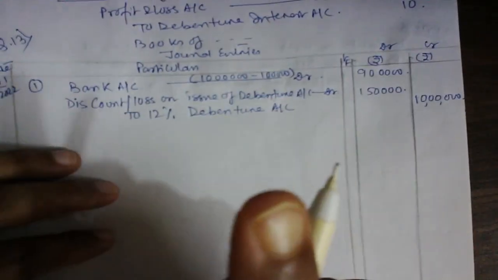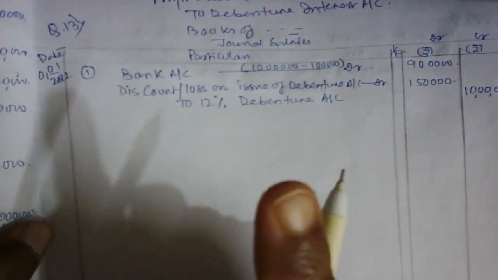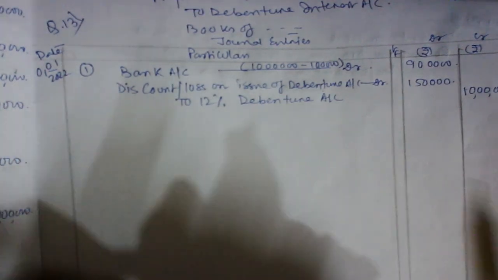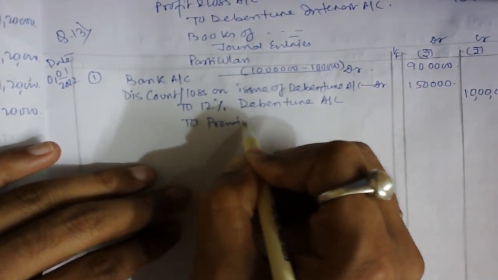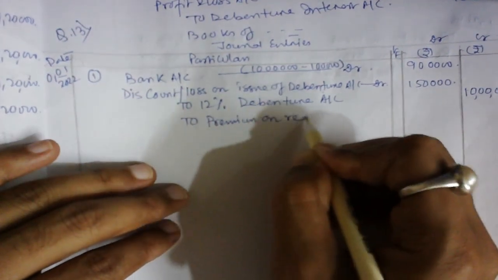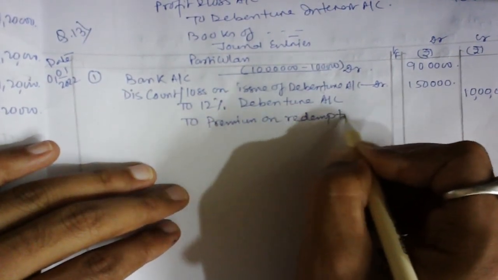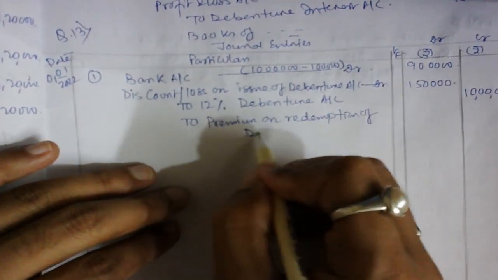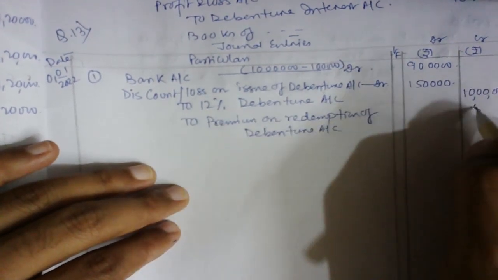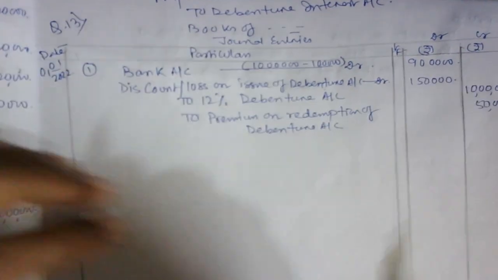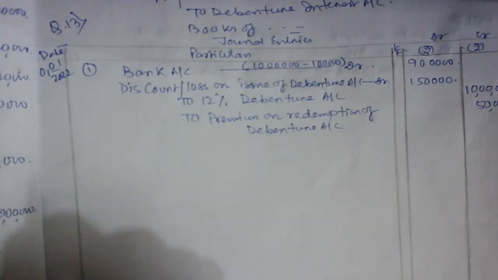So remember, as we have premium to be repaid at the time of redemption of the debenture, premium on redemption of debenture should be credited. Remember this, 50,000, because at the time of issue of debenture we have to book this also. ठीक है, premium on redemption of debenture.